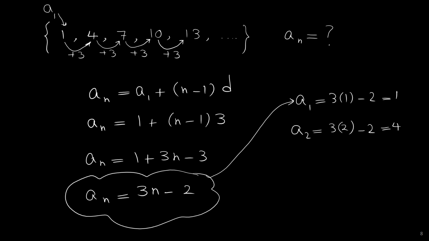So the second element of this sequence is 4, which it is. The third element of this sequence is 3 times 3 minus 2. 3 times 3 is 9, minus 2 is 7. The third element is 7.